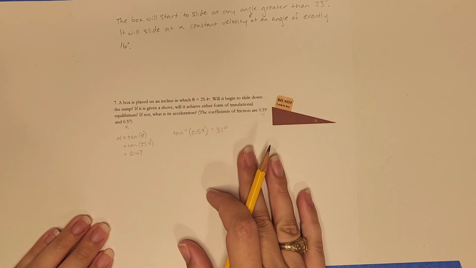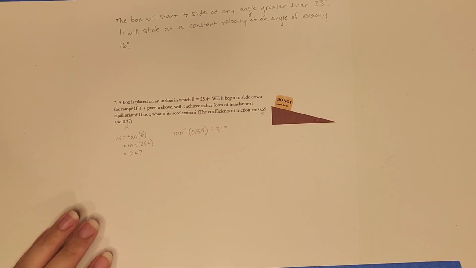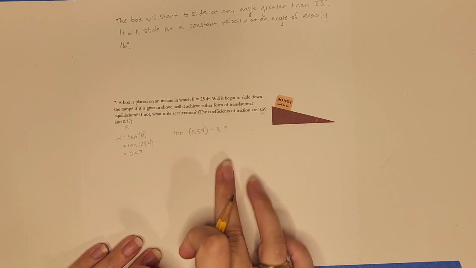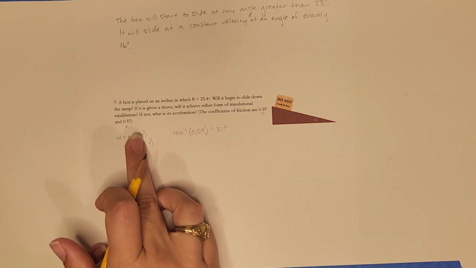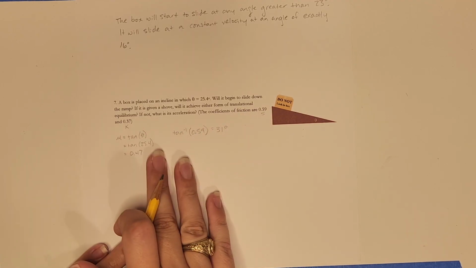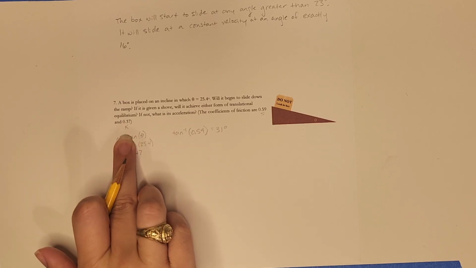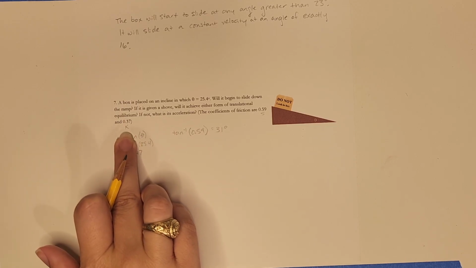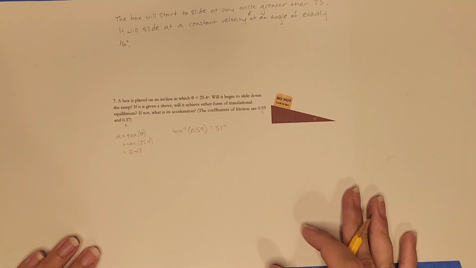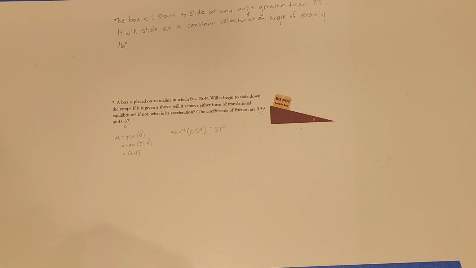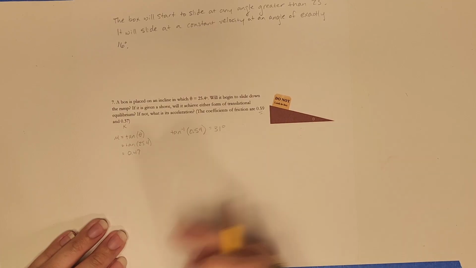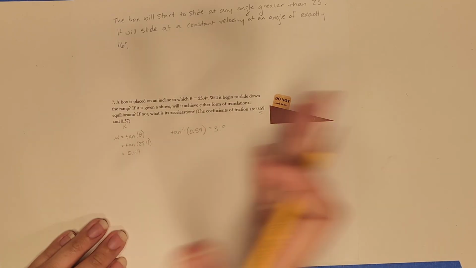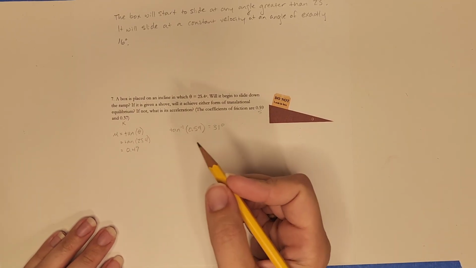Then the next thing that we can do, and you could do the same thing for the dynamic translational equilibrium with the kinetic coefficient of friction, and determine that yes, it would be sliding on its own at that point, but it would not be that exact angle, and so it would be sliding faster.